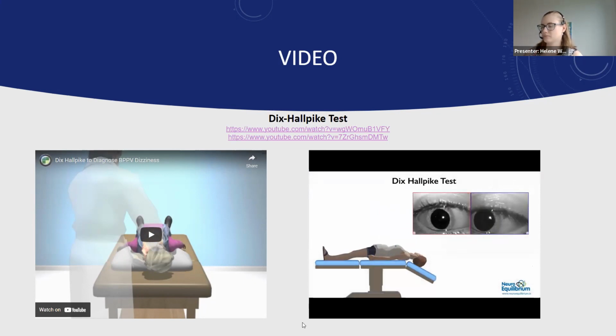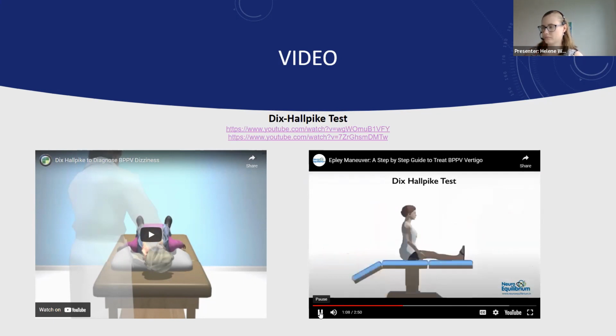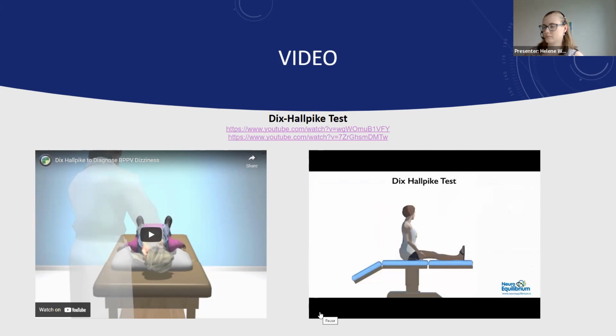In posterior canal BPPV, we see torsional upbeat nystagmus. After the dizziness settles down, bring the patient back to the sitting position. This test is repeated in a similar way on the left side. We need to determine which side causes nystagmus to be able to find out the side of involvement.